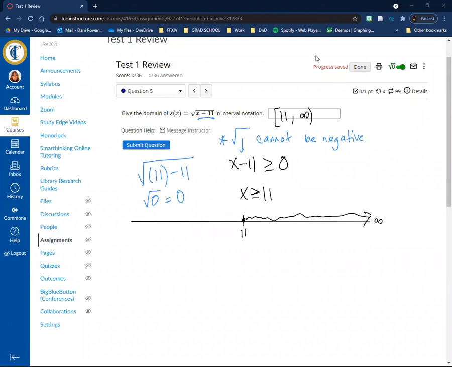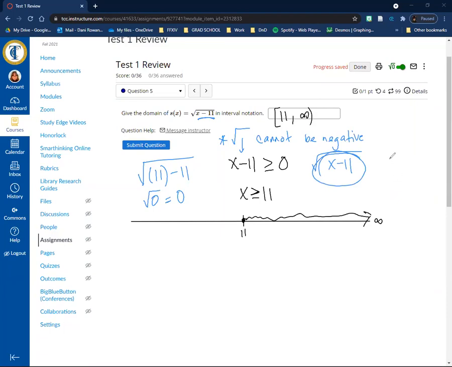I just don't get why you do that at like x minus 11 is greater than or equal to 0. So remember what's underneath. We have the square root of x minus 11, right? This right here cannot be a negative number.